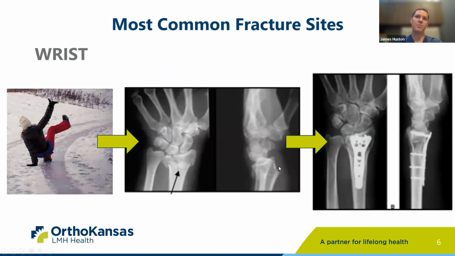That results in this pattern where the bone impacts and bends back, and the break can even go into the joint and cause instability in the wrist joint. Sometimes these are treated with a cast or a splint. Sometimes they require surgery, such as what you see on the right, with a plate and screws to hold the bone in a more normal alignment and allow it to heal.